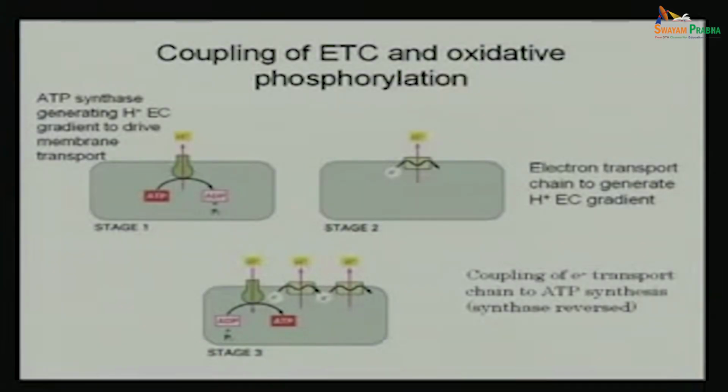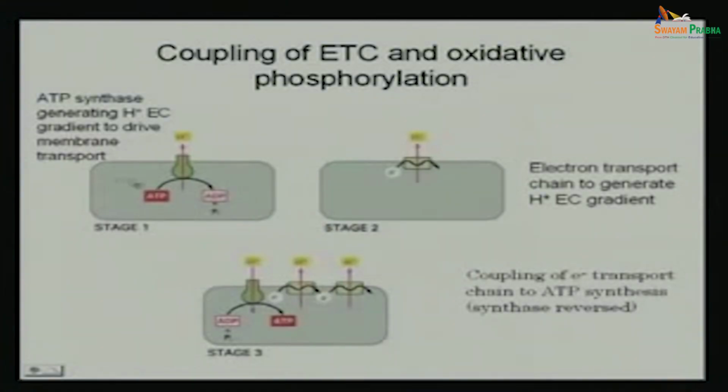And now if we sum up the electron transport chain and oxidative phosphorylation, we can couple both things: when ATP is converted to ADP, protons are pumped out from the inner mitochondrial matrix to the intermembrane space. When electrons flow, protons are pumped out from the inner mitochondrial membrane to the outer mitochondrial membrane.